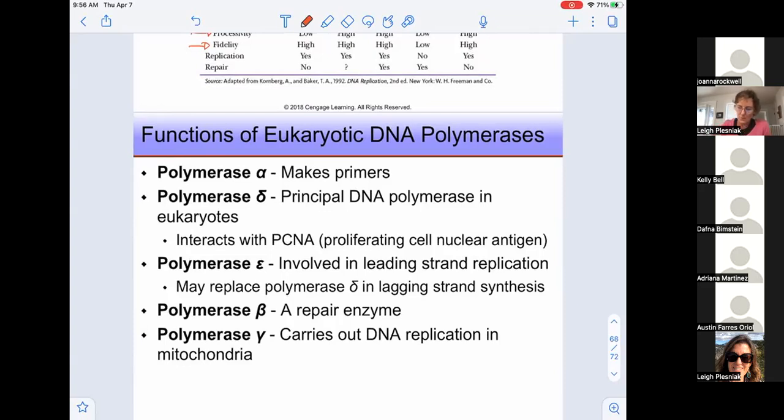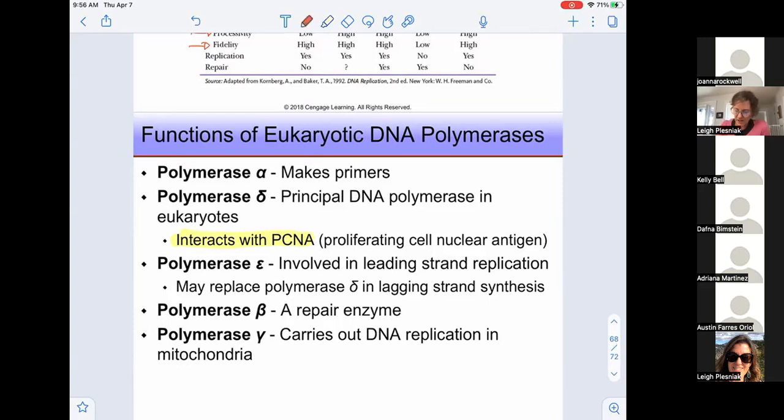Okay, the thing I want to point out here is PCNA, proliferating cell nuclear antigen. Whenever you find a DNA polymerase that is found to be in association with a PCNA analog, meaning something very similar to it in a different organism, that is the polymerase that's responsible for copying the genome.